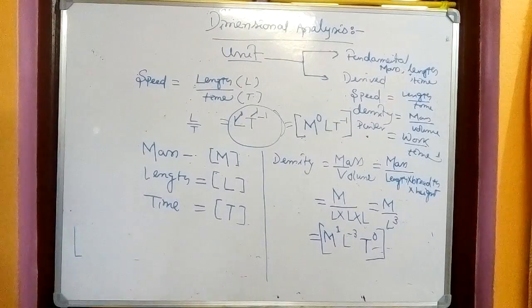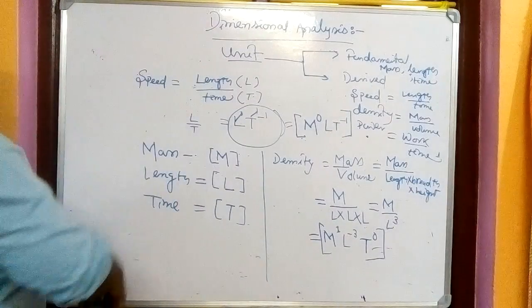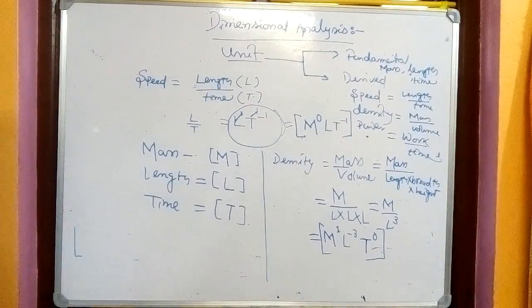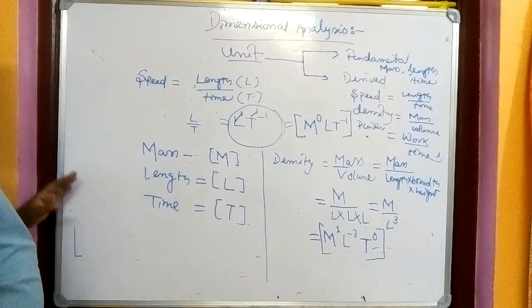If you see your book, maybe it is NCERT, maybe it is another book, you have seen a list of dimensional formulas is given. I am telling you, whatever units you have learned earlier, only practice the dimensional formulas of those.